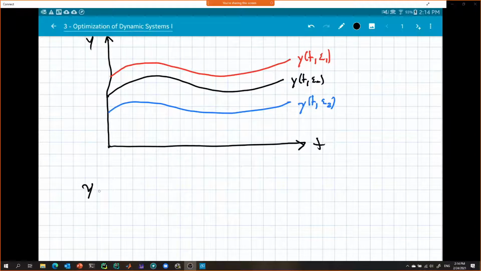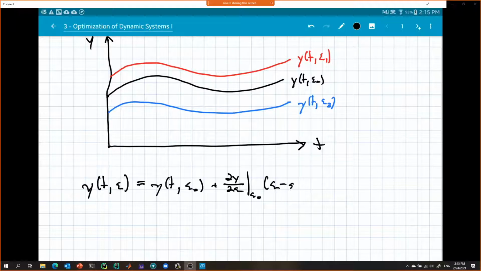So using the same Taylor series expansion as above, we can say y of t, epsilon is equal to y of t, epsilon naught plus the partial of y with respect to epsilon evaluated at epsilon naught, times epsilon minus epsilon naught, plus higher order terms, which we're going to ignore.